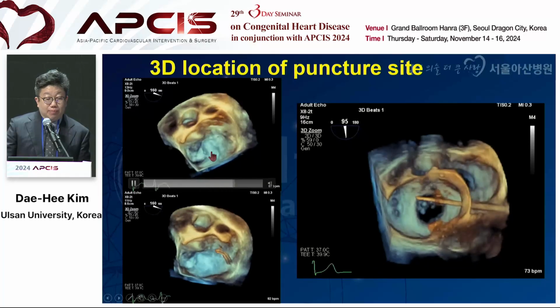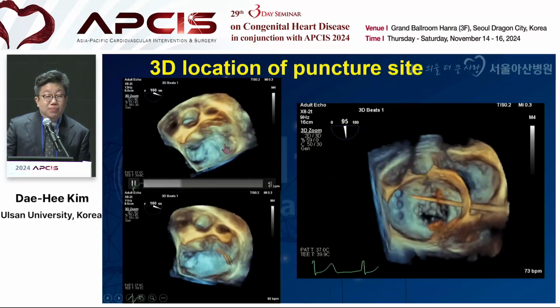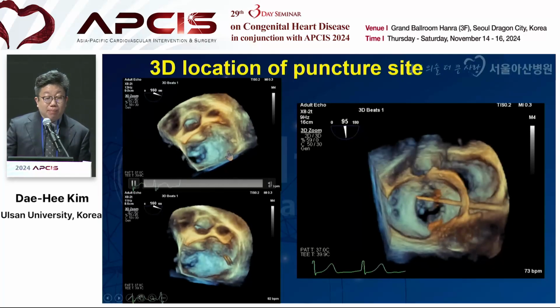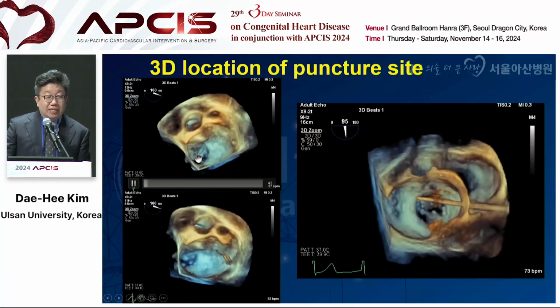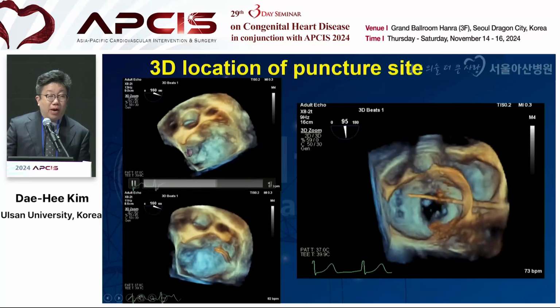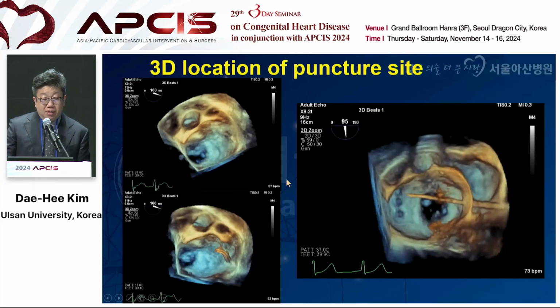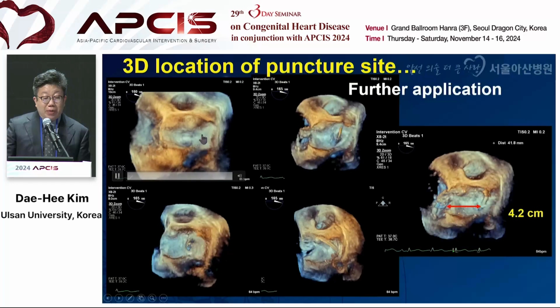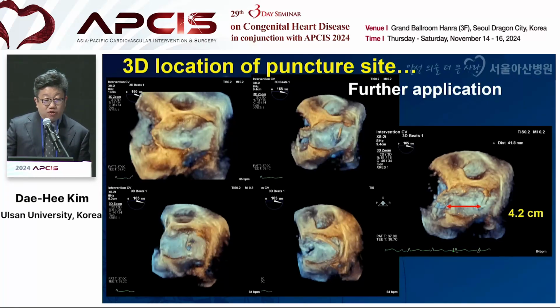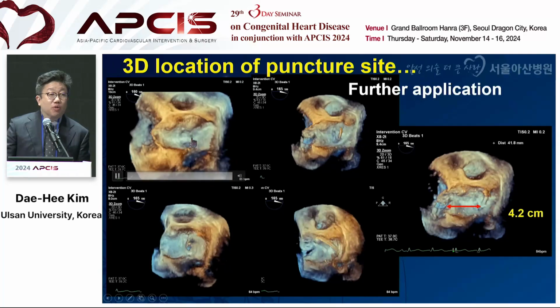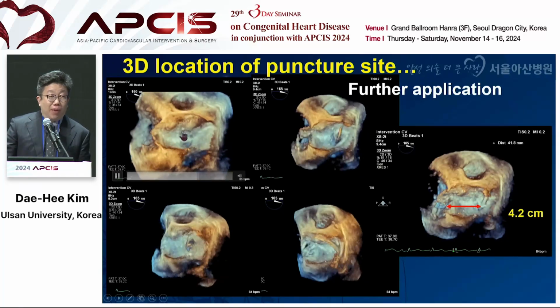But a slight deviation from the optimal septal puncture site makes a big difference when delivering to the lateral commissural region, which could be very problematic sometimes. But modification of the 3D full volume image with a slight rotation makes an image like this showing the fossa ovalis.